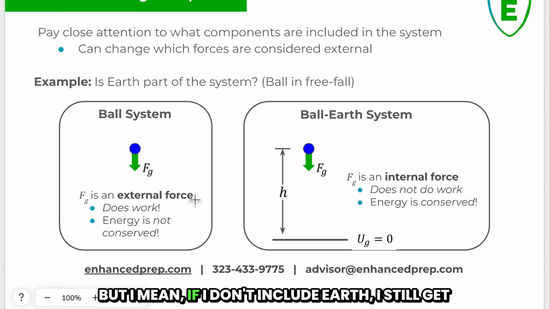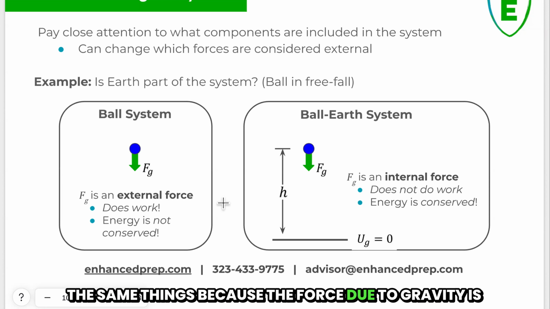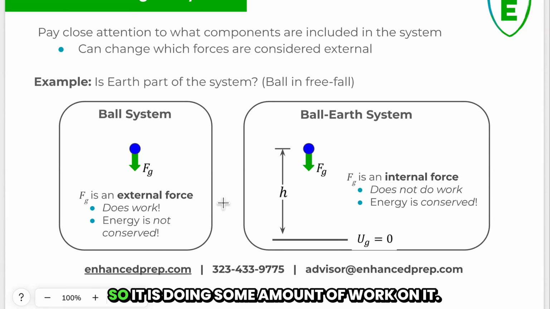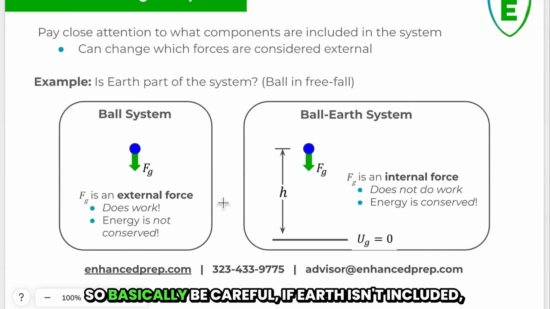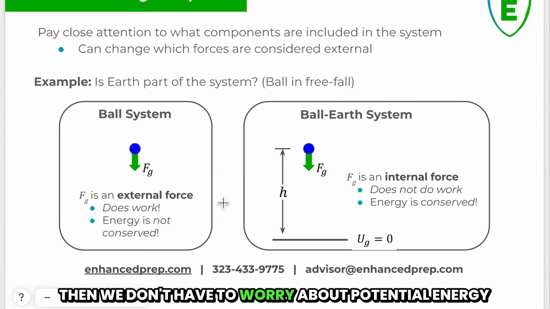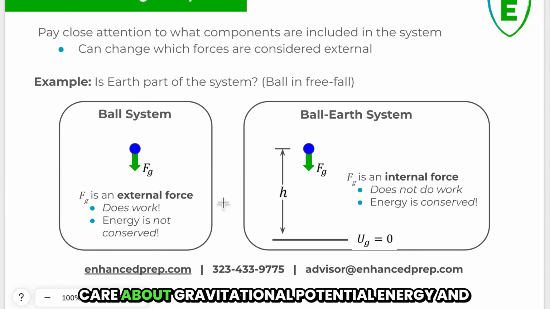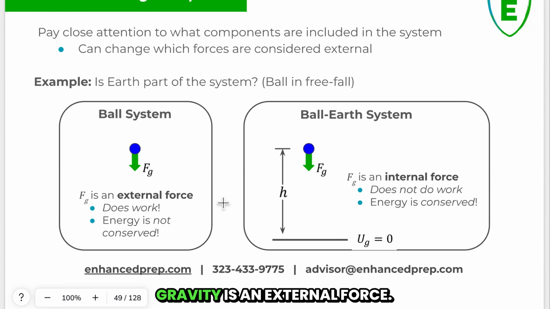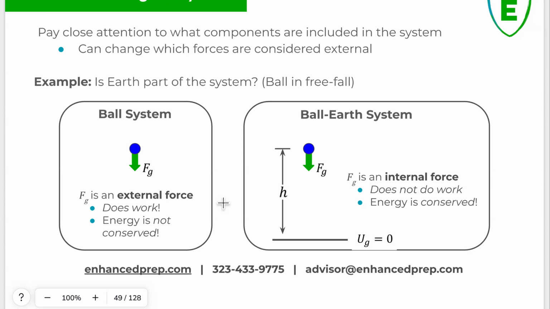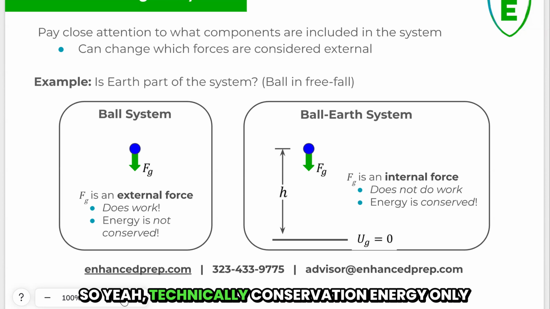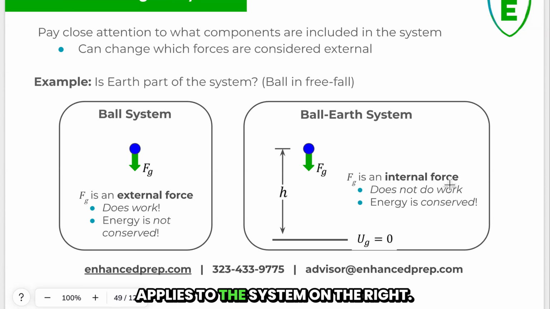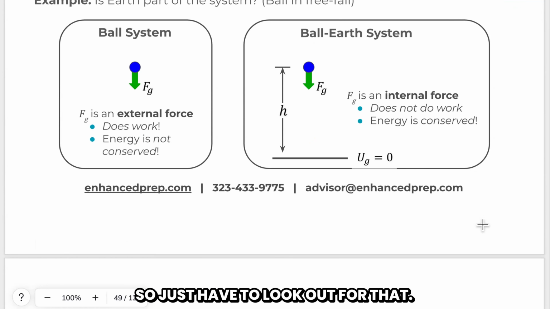But if I don't include Earth, I still get the same things, because the force due to gravity is an external force, so it is doing some amount of work on it. So basically, be careful. If Earth isn't included, then we don't care about gravitational potential energy, and gravity is an external force. Okay? So technically, conservation of energy only applies to the system on the right. So just have to look out for that.